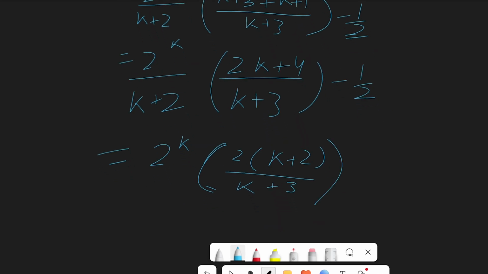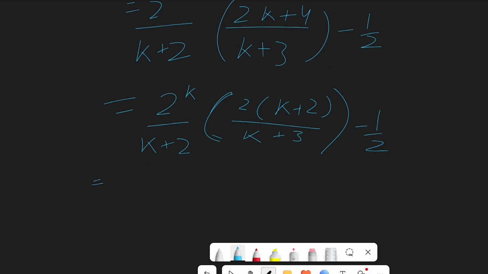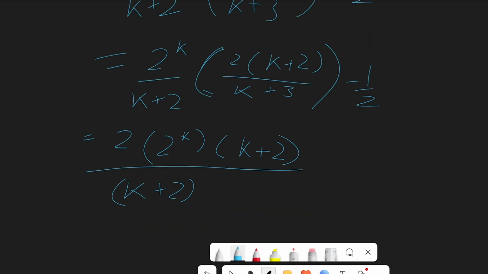Okay, k plus 2 minus 1 over 2. Okay, perfect. 2 power k, 2 into 2 power k into k plus 2. Now we're just multiplying the entire thing. K plus 2 into k plus 3, sorry, and minus 1 over 2 as it is.